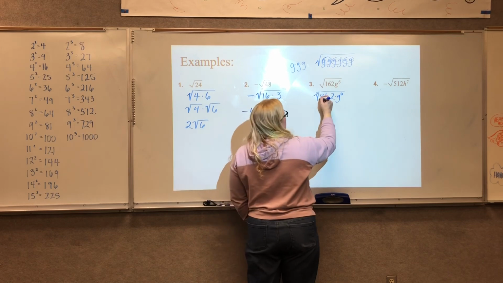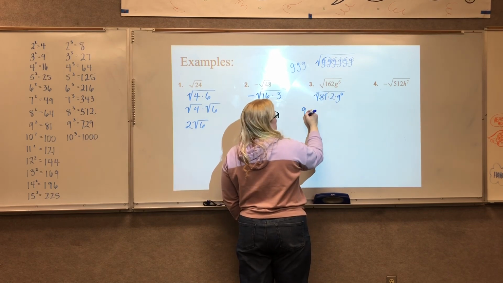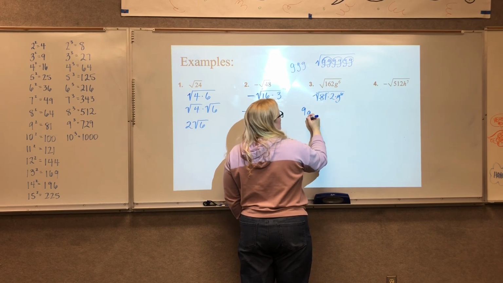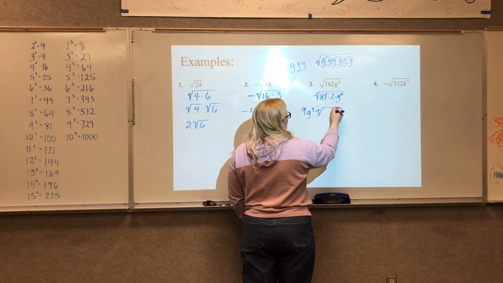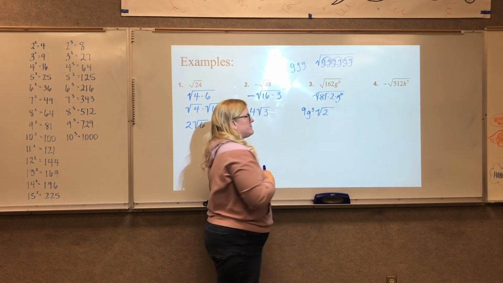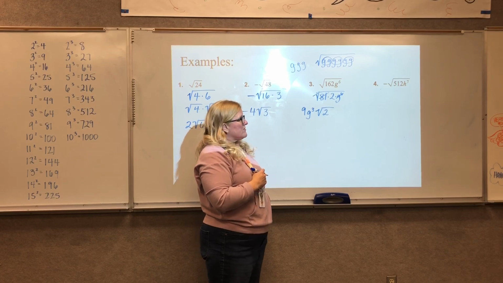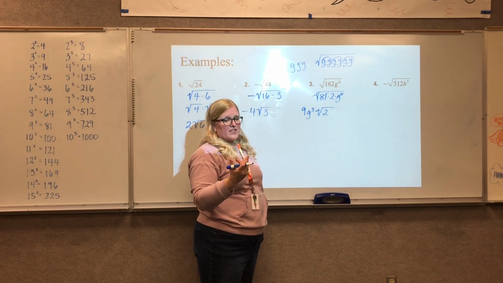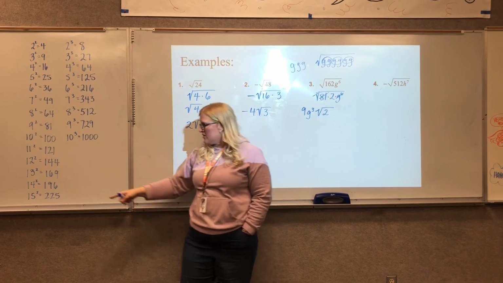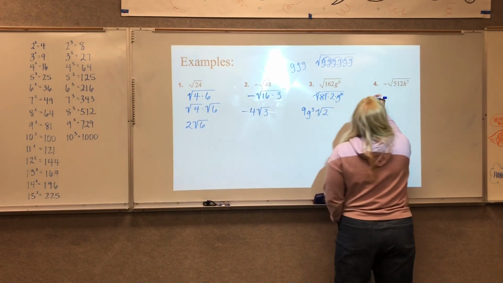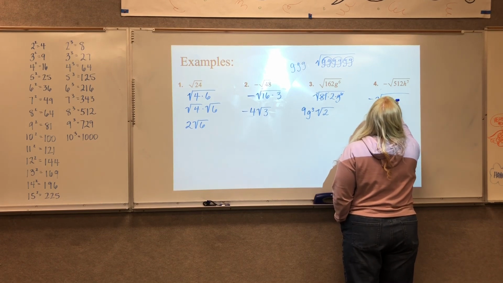So 81, a perfect square, becomes 9. g to the 6th is the perfect square. It's g to the 6 divided by 2, which is 3, and then the square root of 2. 512 actually has a perfect square when we divide it by 2 also, but I couldn't fit it on here. It's 256, and that is 16.